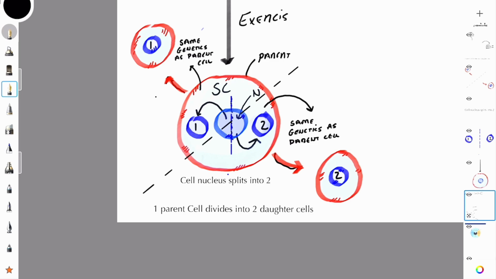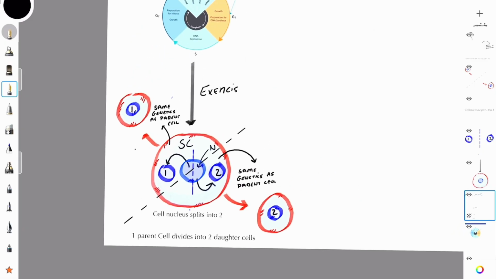And these are called daughter cells because they're coming from one parent. So again, let me go back and just make it fully understandable here. Once we have a satellite cell released because of exercise, that satellite cell then has to be split into two.